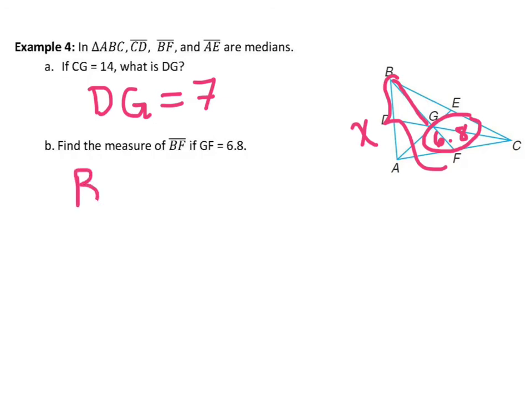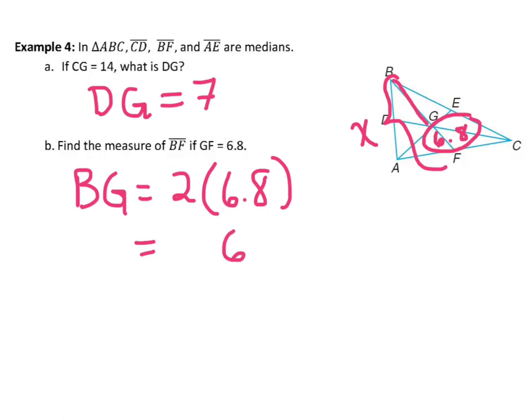So BG is equal to 2 times 6.8. Without reaching for my calculator, 2 times 8 is 16, carry the 1. 2 times 6 is 12, add the 1 for 13, and I have a total of 1 decimal place. So the length of BG is equal to 13.6.